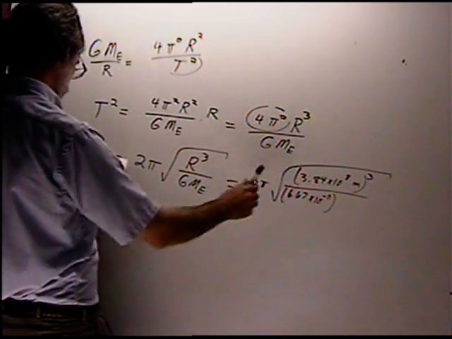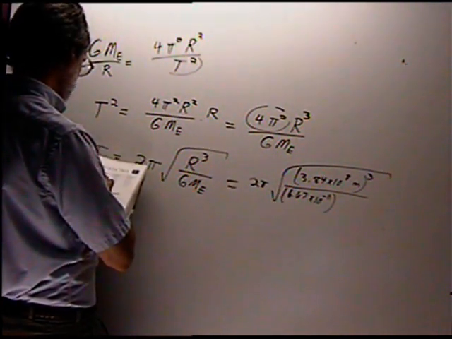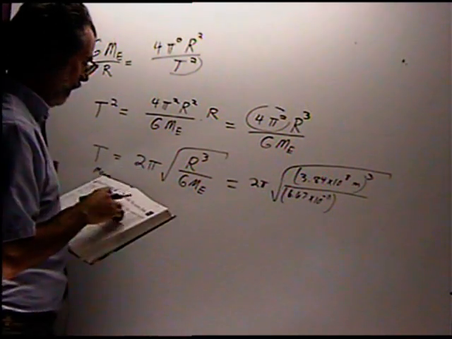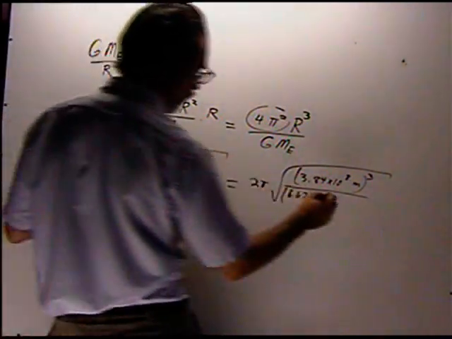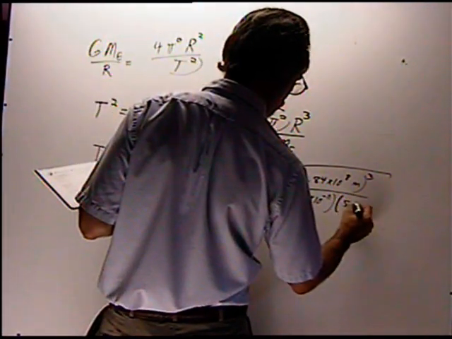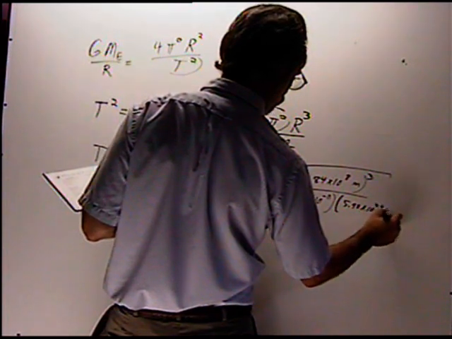I'm not going to write in the units right now. I'm just going to put the numbers in. The mass of the Earth, again, is 5.98 times 10 to the 24. That's kilograms.